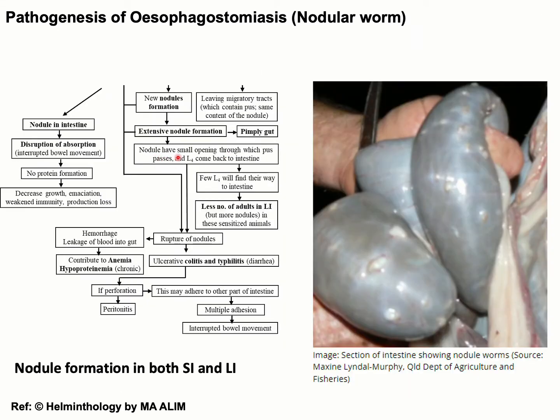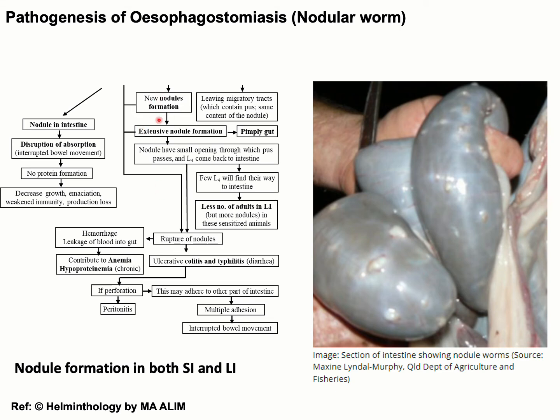So the nodule will have a small opening through which the parasite will leave and will migrate in the wall of the intestine. In this case, few L4 will find their way to the lumen of the intestine, and there will be fewer adults in the large intestine. That is, in an animal with previous exposure, there will be more nodule formation in the wall of the intestine, but a smaller number of adults will be found in the large intestine.